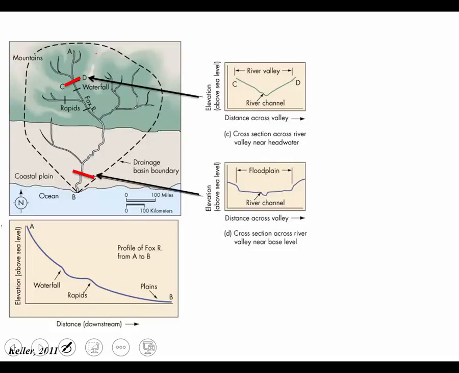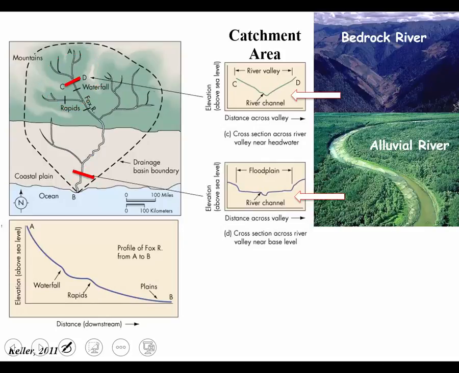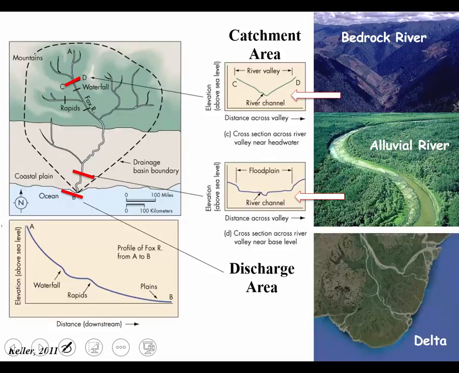So notice that in the mountainous areas, we have a V-shaped valley. It's erosional. It's an entrenched valley. Down in here, we have a wider valley. And if we look at what those might look like in the wild, well, here's what we refer to as a bedrock river and a meandering alluvial river. And of course, if we get down to the discharge area, then we're looking at some kind of a delta.